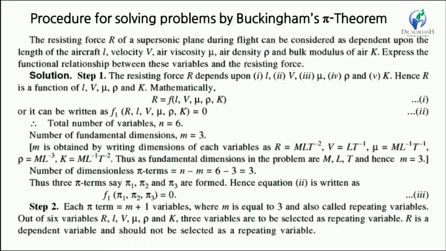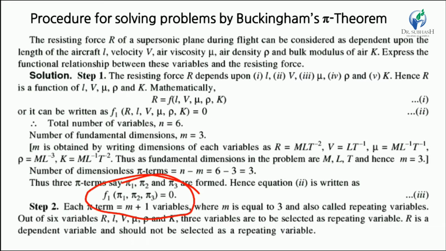So the MLT of bulk modulus is the MLT of pressure, M L minus 1 T minus 2. Now we go for the further procedure. We have decided the Π terms.